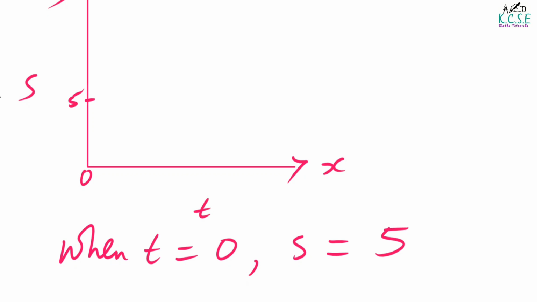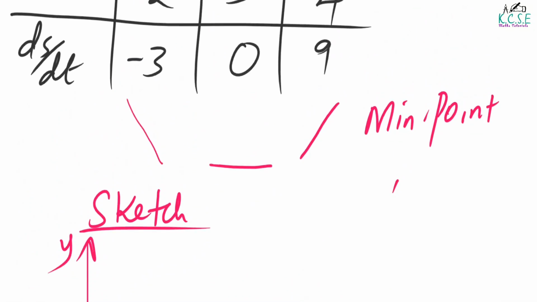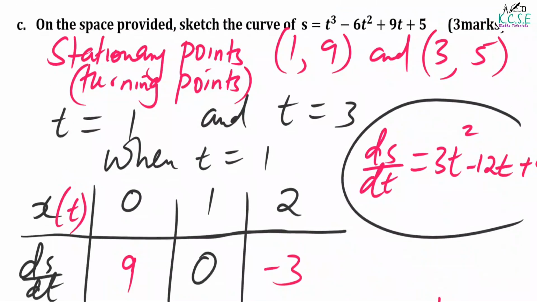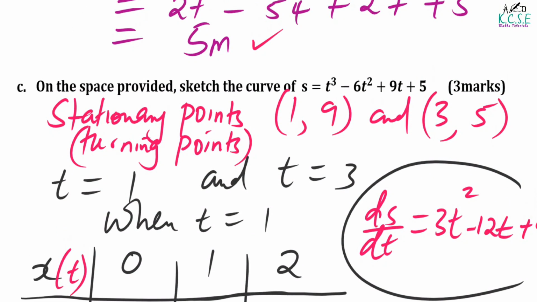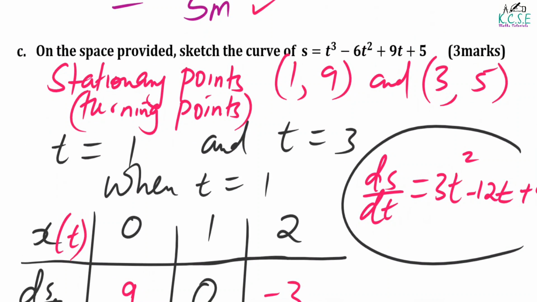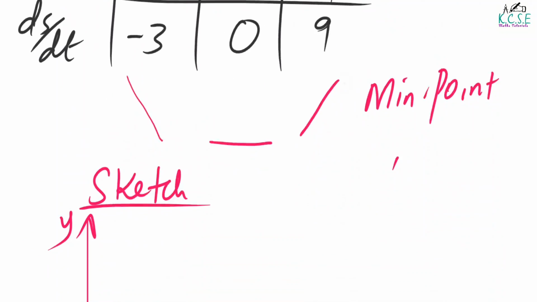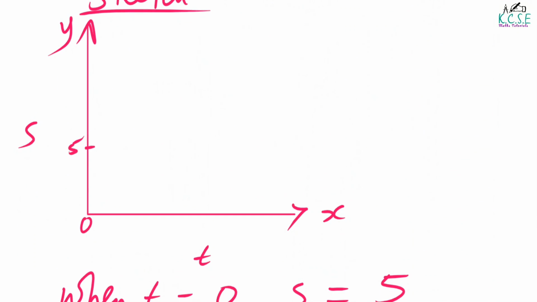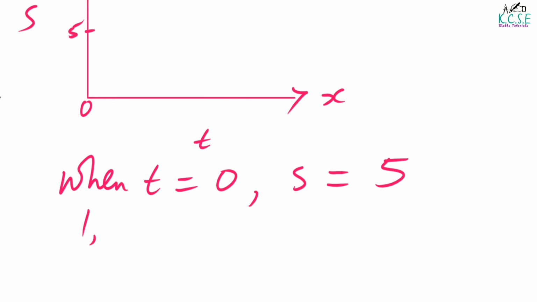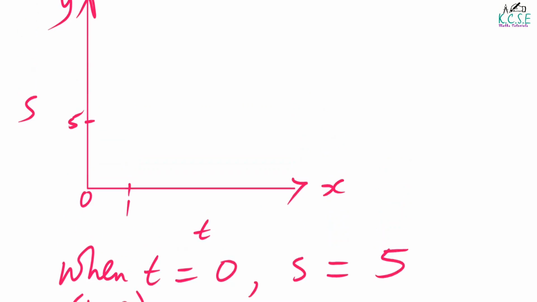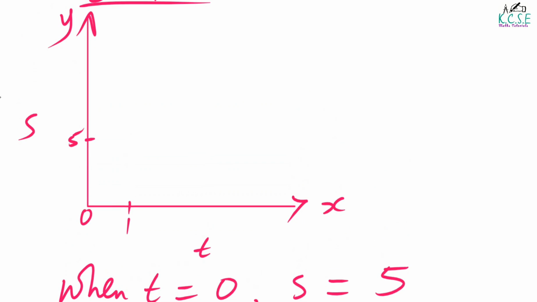Then we need to use the stationary points. The stationary points are here, the 2 stationary points, 1 and 9. So when t is 1, we need to use also these. So 1, 9, this point. We can put maybe 1 is there, and then 9 can be somewhere there. We are just sketching, so that will be the other point.